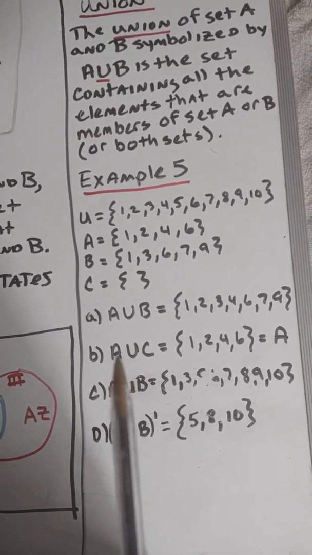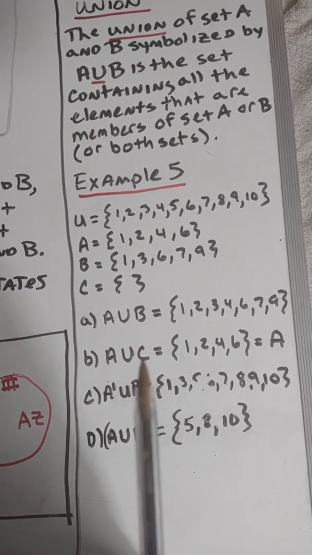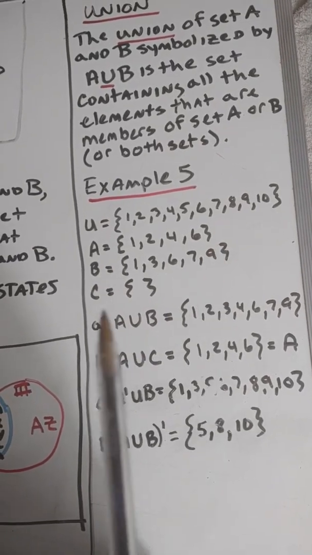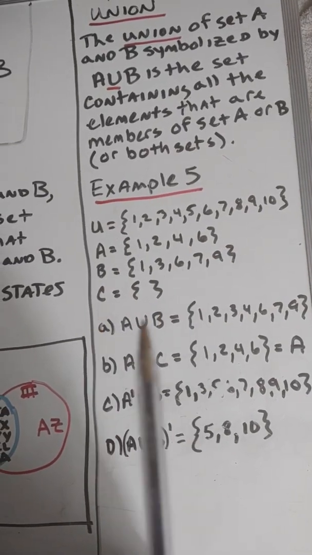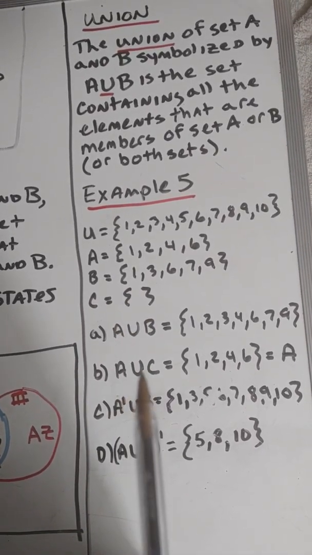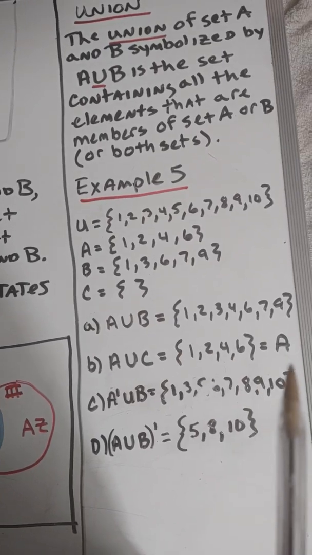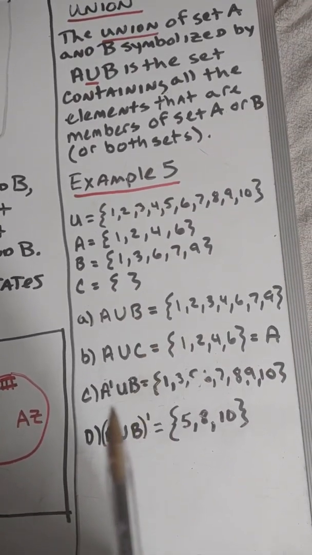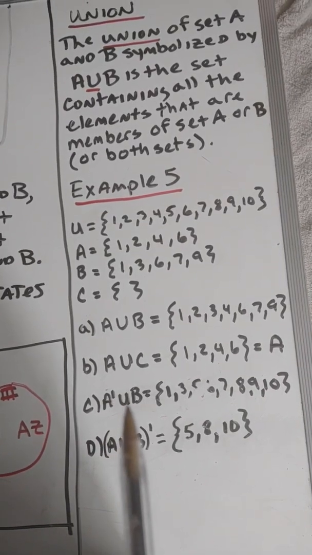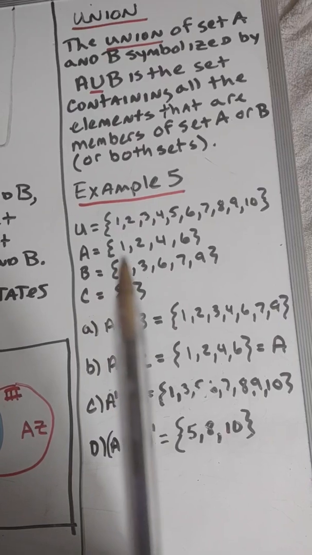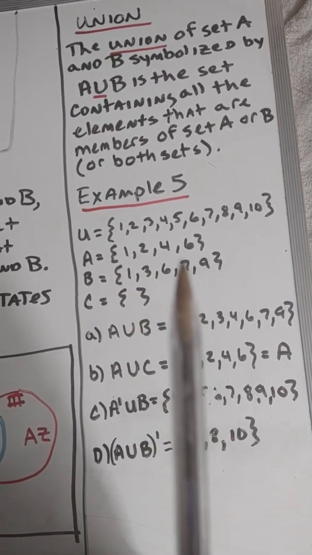Letter B says A union C. Well, if we look at A here, if we look at C, C is an empty set. So the only union between A and C is set A, because there's no elements in C. Letter C says A prime union B. All right, so here's A, 1, 2, 4, 6.